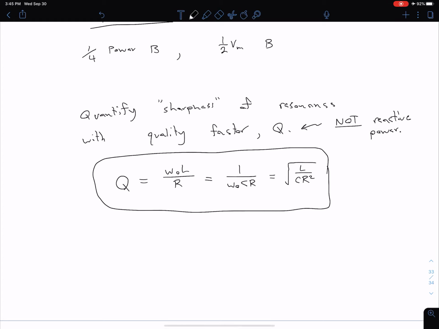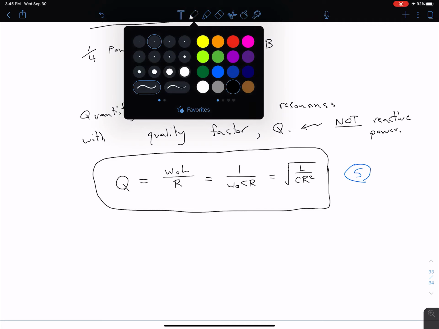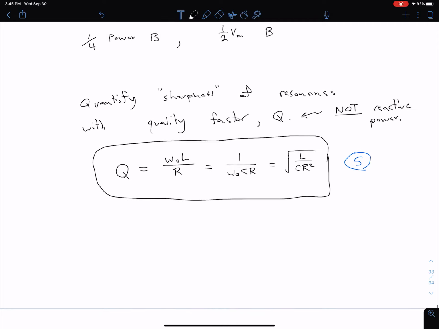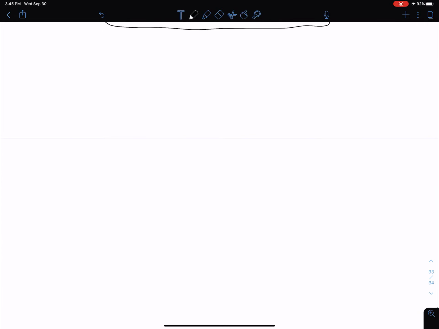Again, to be consistent with the notes on Canvas, I'm going to label this as equation 5. What you can notice now is we have 5 of these equations, 4 in this video and 1 in a previous video, which I've labeled with these blue numbers. We can characterize our resonant circuit with these 5 variables.